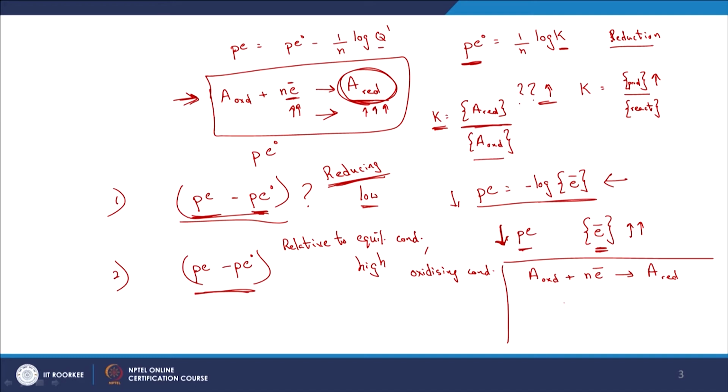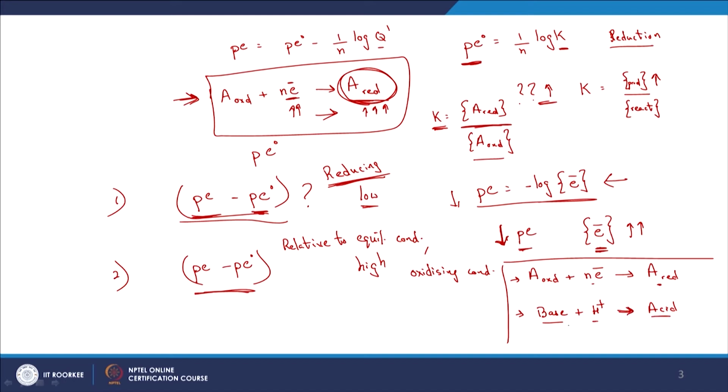It is similar to my base plus H plus going to my acid. So in this redox process, the acceptance of the electron leading to formation of the reduced form is analogous to a base accepting the H plus and the acid being formed.